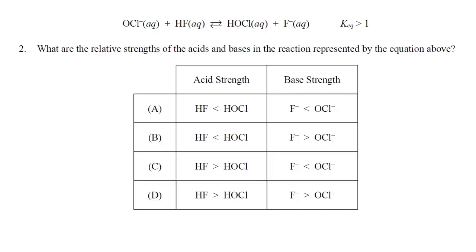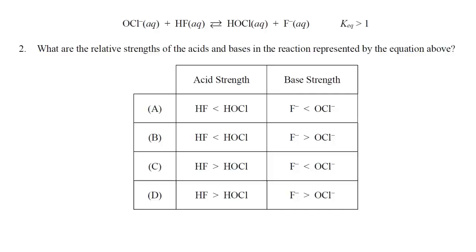So there is a column devoted to acid strength where we have to compare hydrofluoric acid, HF, and hypochlorous acid, HOCl. And then there's also a column devoted to base strength. We're comparing the fluoride ion, F-, with the hypochlorite ion, OCl-. Now, at first glance, you might say, I'm not sure we have enough information to compare which acid is stronger, which base is stronger.